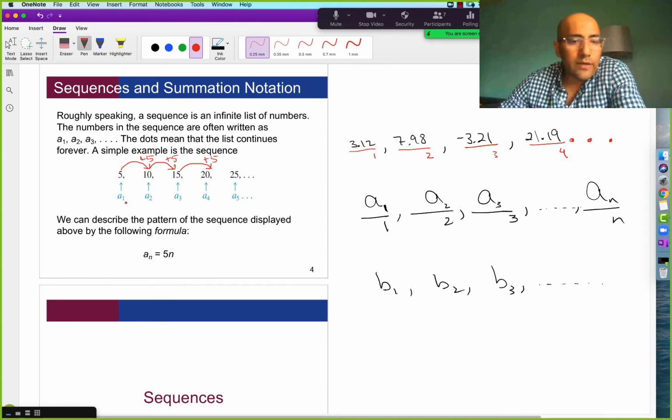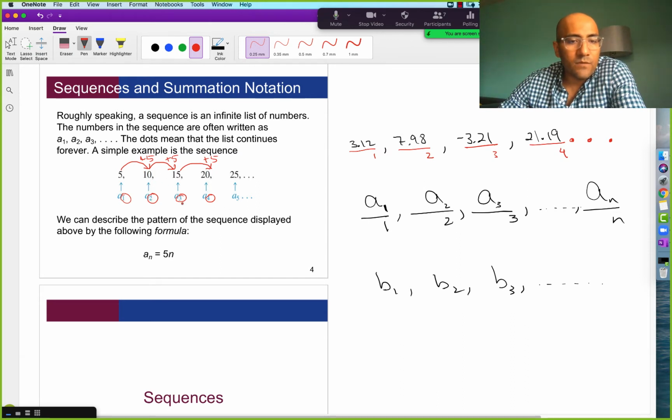The other way to look at the pattern is to look at the relationship between the location, which is these little numbers. It's the second one on my list, the third one on the list, the fourth one on the list. So look at the relationship between the location and the value on that list. If you notice, the second one on the list, if we multiply it by 5, we get 10.